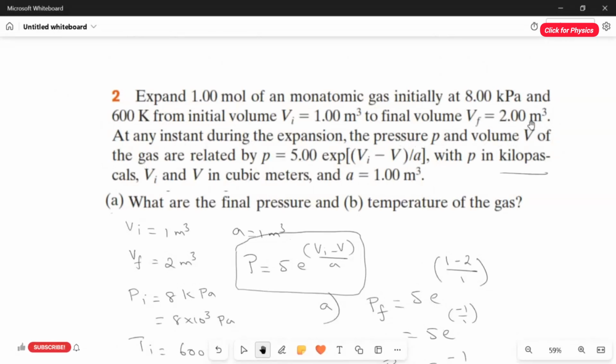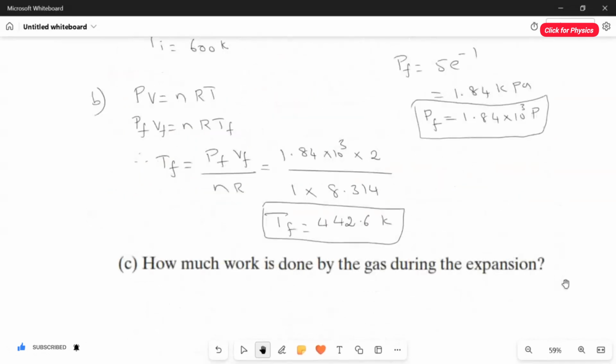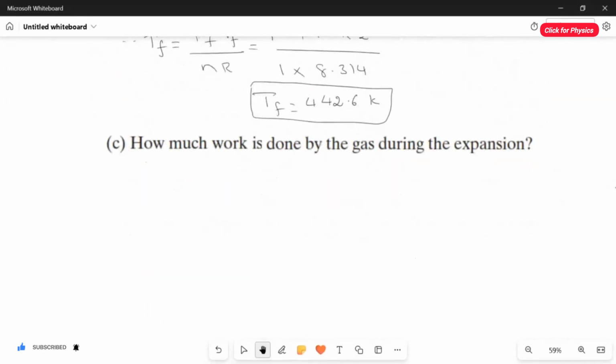That means we are going to integrate over V. Clear? So we are going to use the formula P dV. So in part C, work done is equal to the integration of P dV. Here we are going to integrate over V, so I have to use dV. Here the initial limit is Vi and the final limit is Vf.